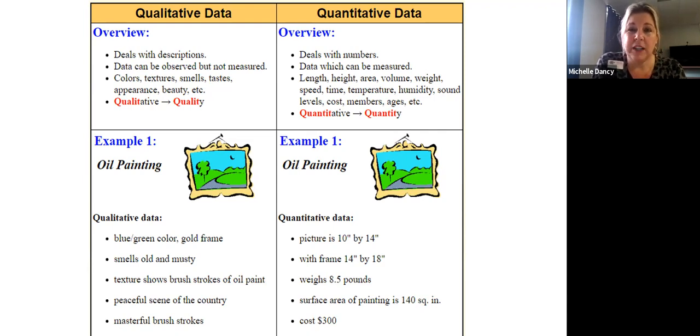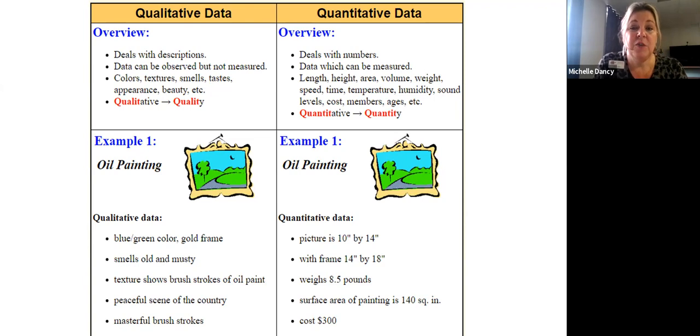Okay, so qualitative, quality. Go over here to our box for our quantitative. It deals with numbers, data that can be measured. What is your shoe size? What score did you make on your test? How much does your backpack weigh? So length, height, area, volume, weight, speed, time, temperature, humidity, sound, etc., etc.